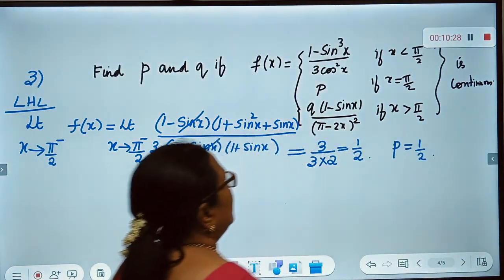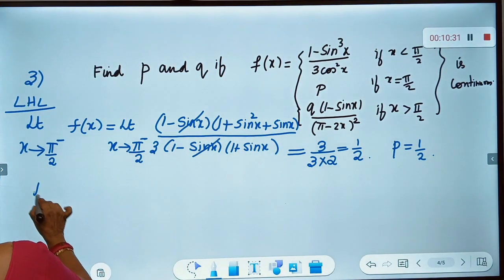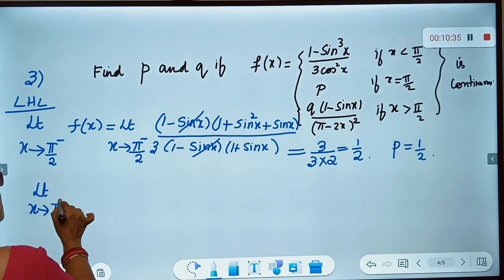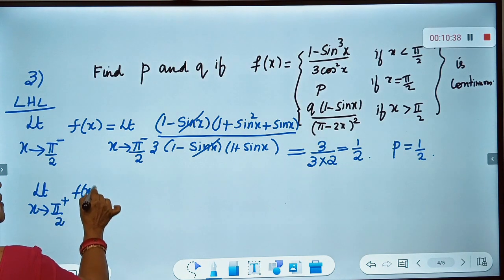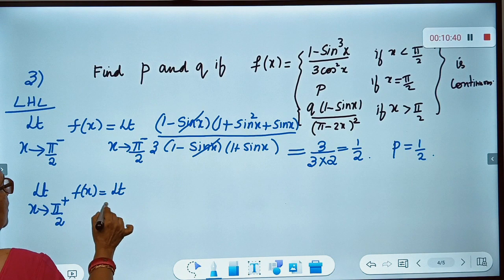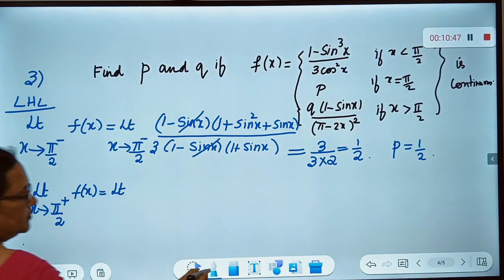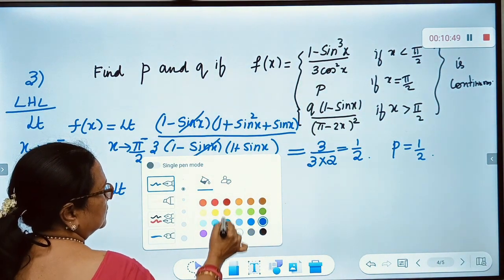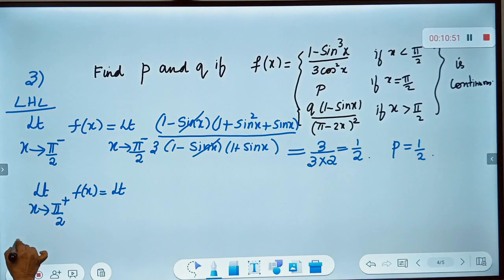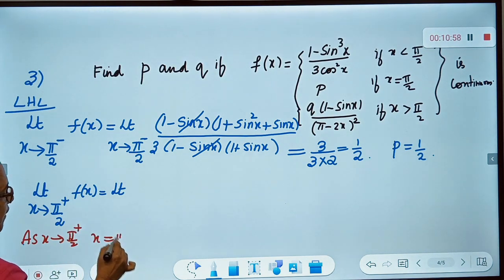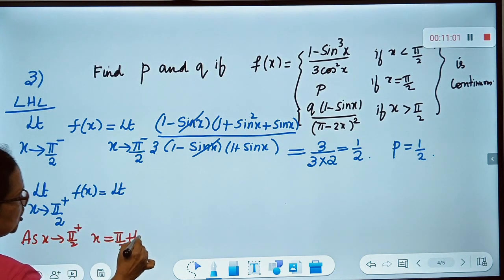But what about the right hand limit? Let us check the right hand limit. Now limit x tends to pi by 2 plus of f of x will be equal to, now since I have pi minus 2x the whole square in the denominator, as x tends to pi by 2 plus, I can write x as pi by 2 plus h.